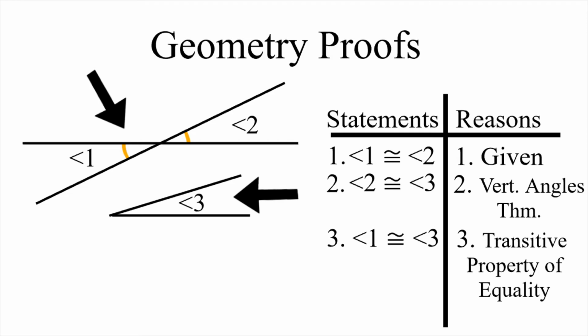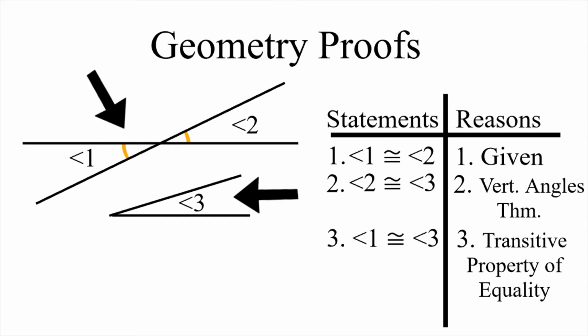Now, I'm not going to go into any more examples, but basically in proofs, you have to logically, step by step, figure out what you're trying to do. Now, there are some occasions where you can prove it many other ways.